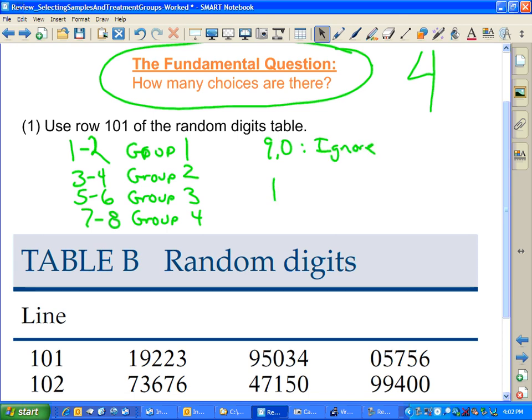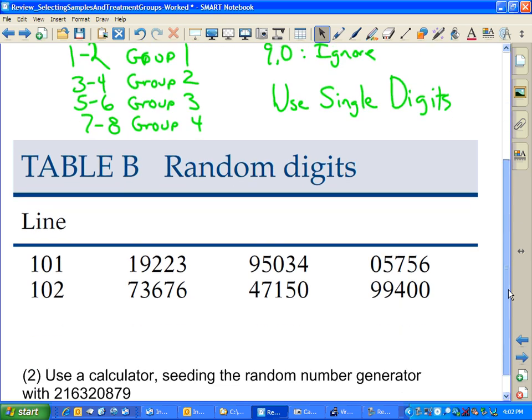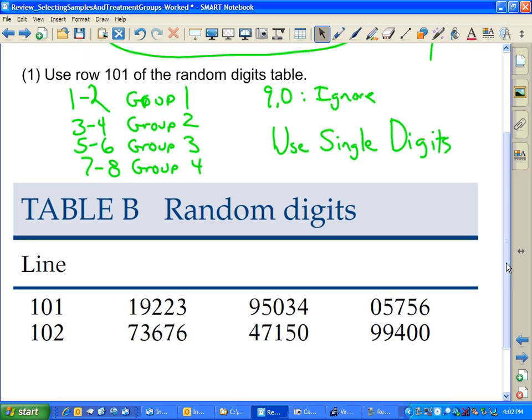And we should have written this up front, but use single digits. So this will go quickly. Using single digits to select the random treatment groups for the first 5 people.